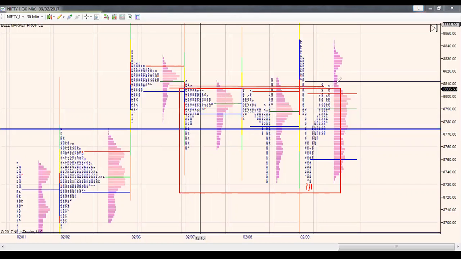So what do we have above this close is this single prints, or you can say that this is another form of auction failure, where we looked above 3-4 days high and we have failed. So buyers could not find anything here. In the morning we all know what smart money does is sell high and buy low.